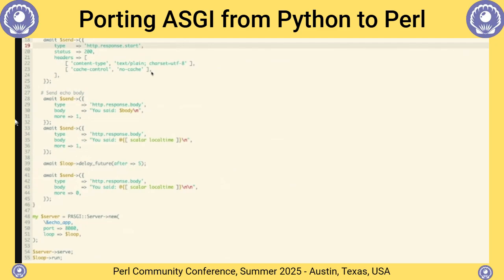What is the difference or similarity between the ASGI or asynchronous approach that we're looking at here and what was at one point called Web 2.0 or AJAX, asynchronous JavaScript and XML?